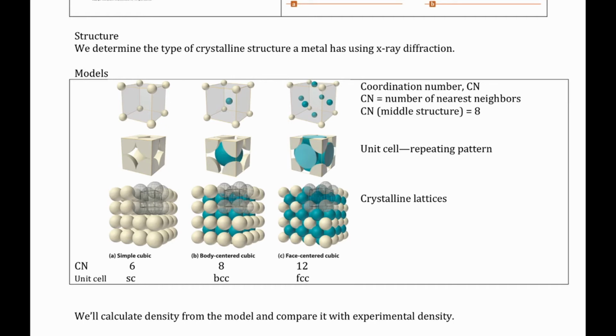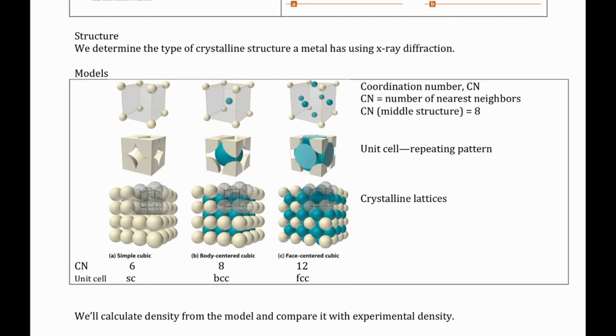Now, when we make our models and do our calculations, what we want is to work with what we call a unit cell. That is the repeating structure, the smallest repeating structure. So for simple cubic, if we were to cut it down, we would find what we call the simple cubic unit cell, the one shown in the middle of our diagram. If we have a body-centered cubic crystalline lattice, then its unit cell is what we call the BCC unit cell.